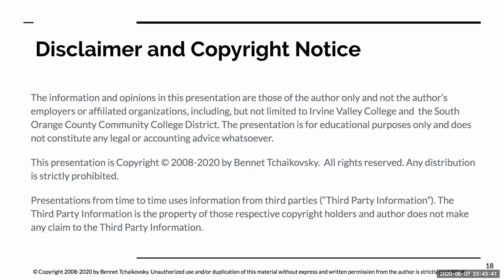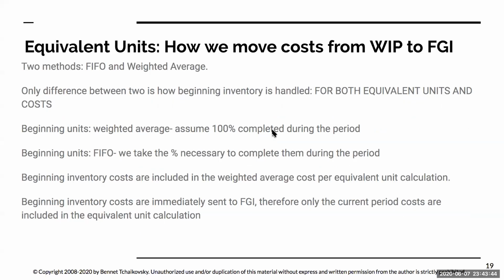So this is kind of a flashback to what we were doing in the very first video in this sequence. There are two different methods for determining process costing: FIFO and weighted average. The difference between the two methods is only in the beginning inventory units, in both how we handle the cost as well as how we come up with the cost per equivalent unit and determine the equivalent units from the beginning inventory.